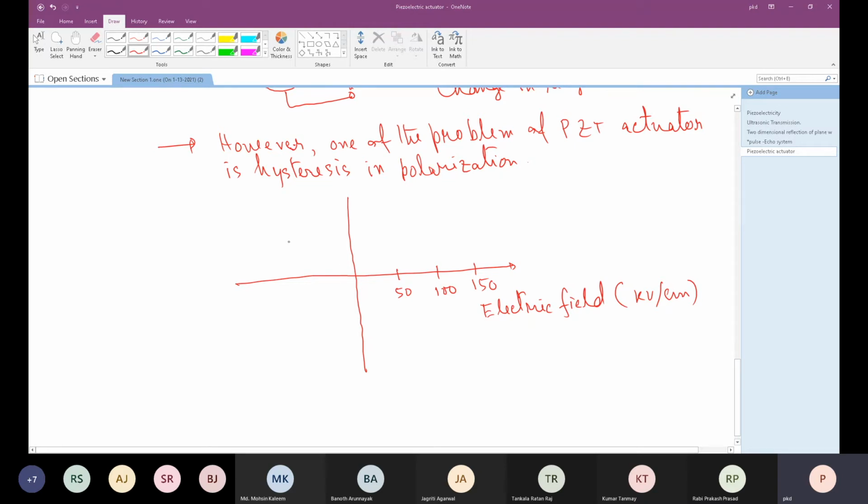Then the charge can be surface charge or polarization, in microcoulomb per centimeter square, like 10, 20, 30, 40, something like this.